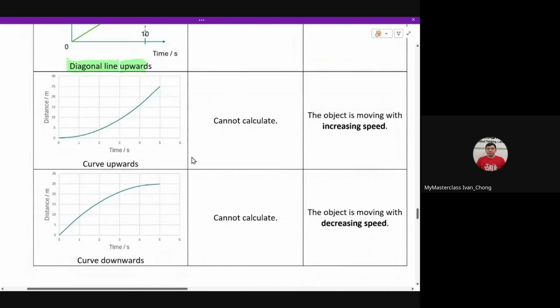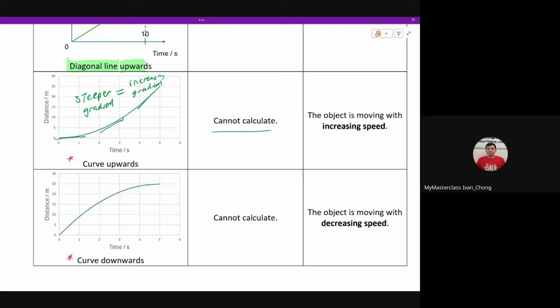Now, these two are the rarer ones, a bit special. If you curve upwards, you'll notice your gradient is flat at the start, and then it gets steeper. A steeper gradient means an increasing gradient, so my gradient is getting larger and larger.